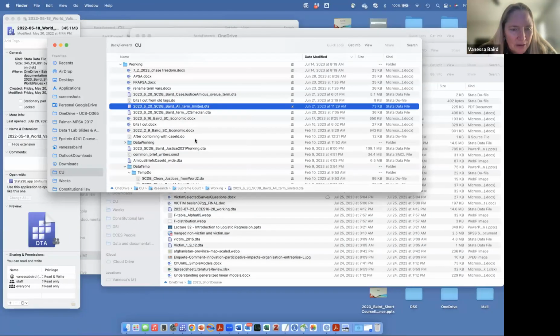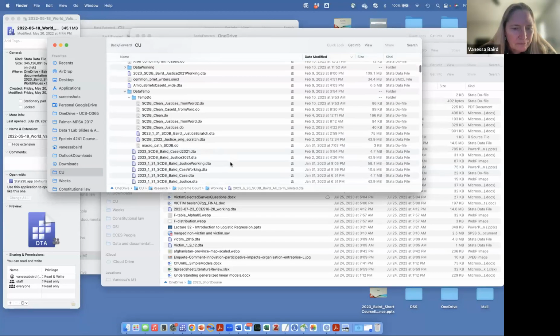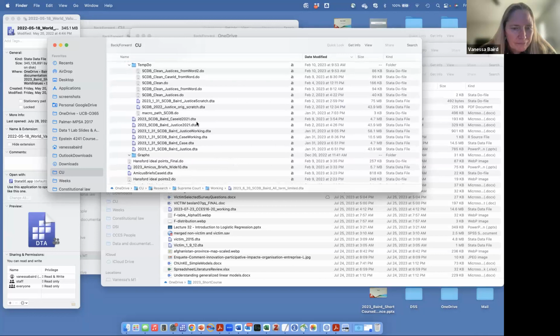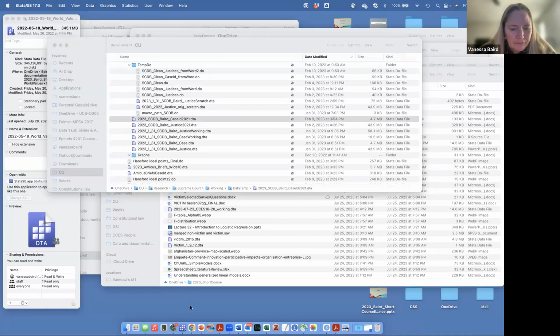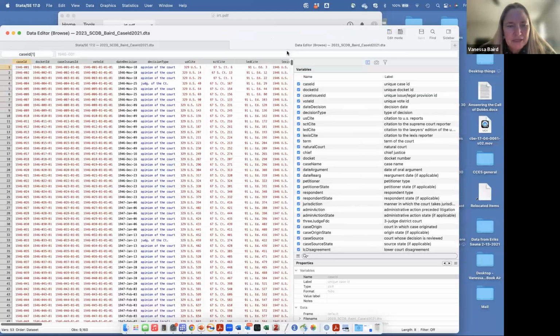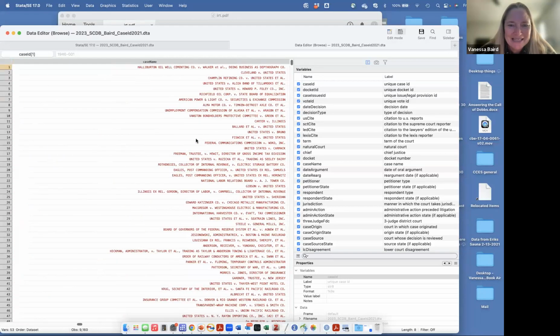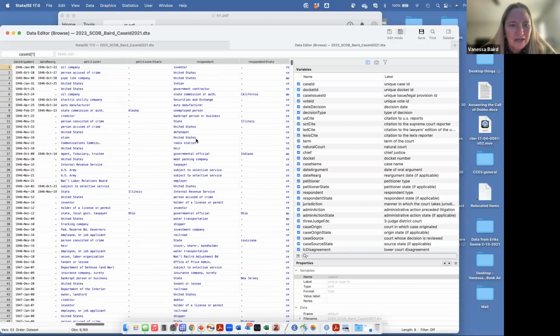All right, I also have, let's see, here I have case ID as a unit of analysis. So we've got strings that say what case it is. I even think we have case name, which is kind of fun.